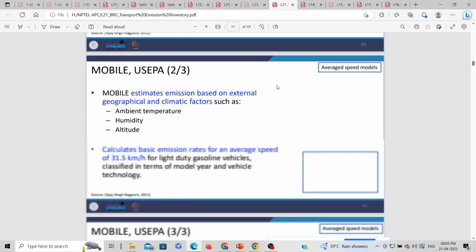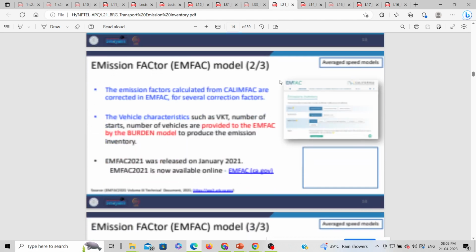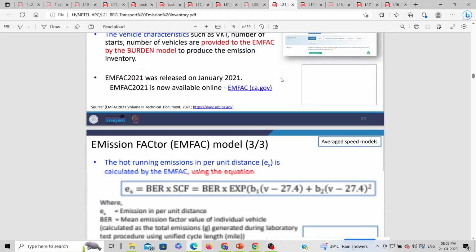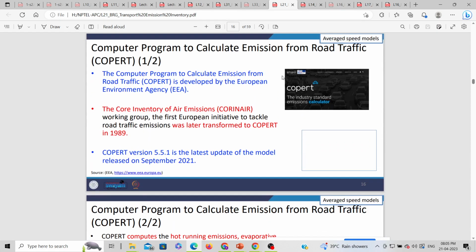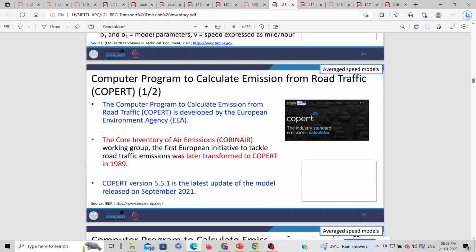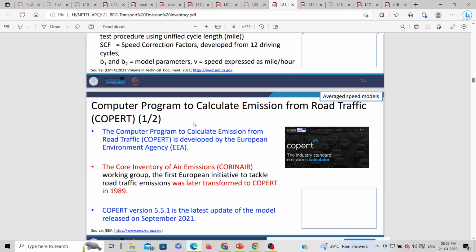For example, this COPERT model is used for which purpose, like that.